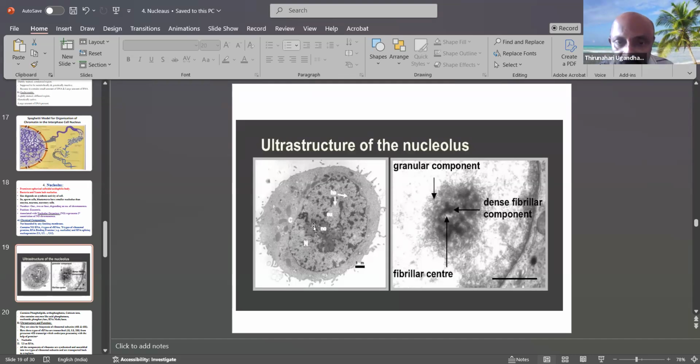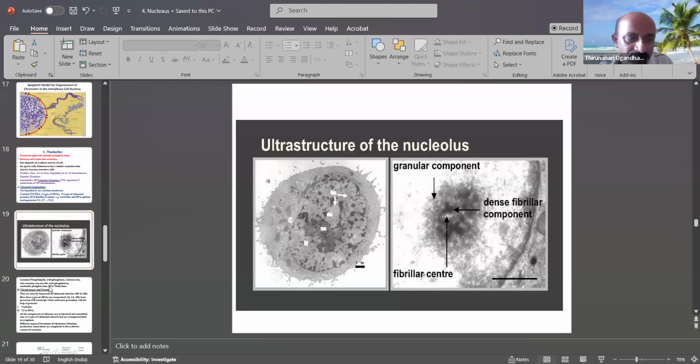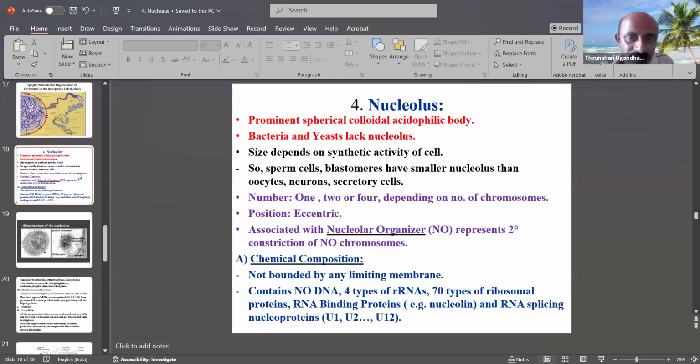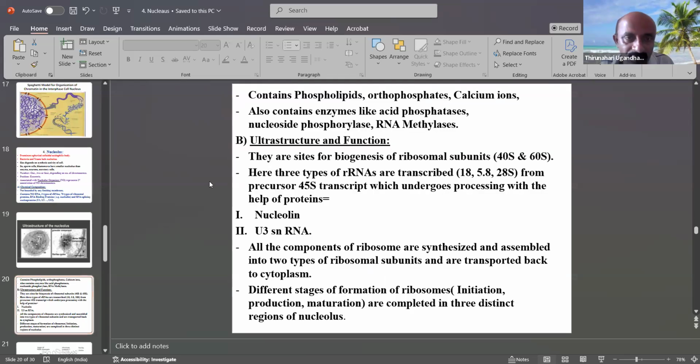Micrographically, the nucleolus is located in the peripheral or center part of the nucleoplasm. This nucleoplasm is inside the nuclear membrane. It is also the fourth part, along with the chromatin bodies of the nucleus. It contains phospholipids and orthophosphates. So the nucleoplasm contains phospholipids, orthophosphates, and calcium ions.